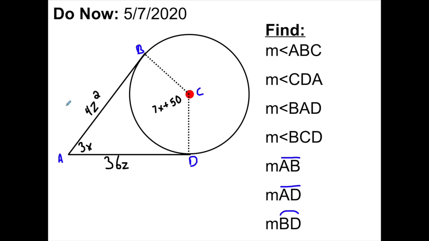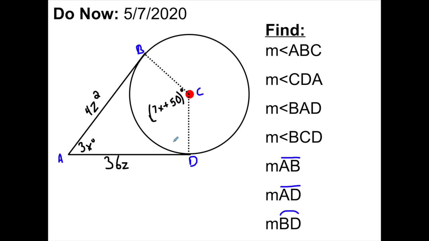Given this and given these lengths, and if it helps, I can put this as degrees. The principles are still the same. I need you to find the measurement of ABC, CDA, these being angles, angle BAD, angle BCD, and then I need you to find the length of AB, the length of AD, and the length of the arc BD.